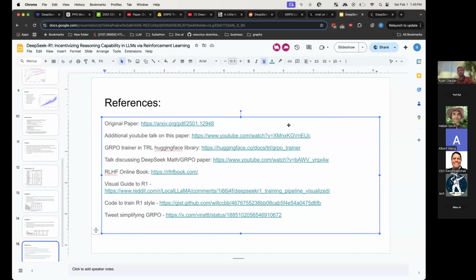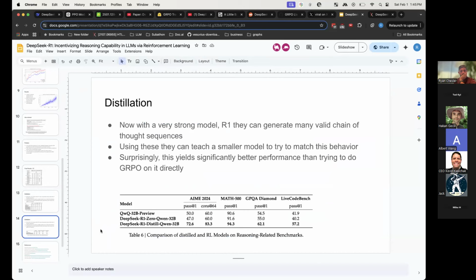So getting back to R1, Ryan, if you can go back to the previous slide, I feel like there are possibly two misconceptions out there about R1. One is distillation.